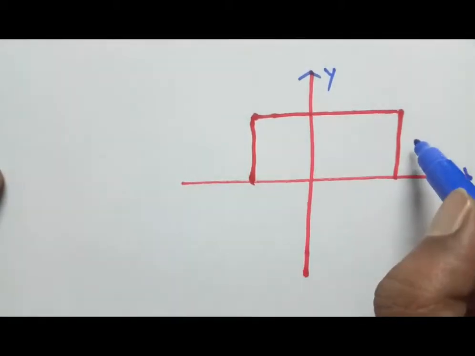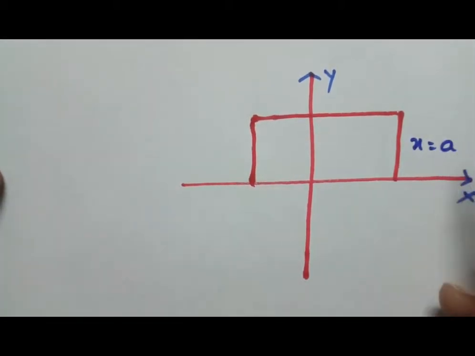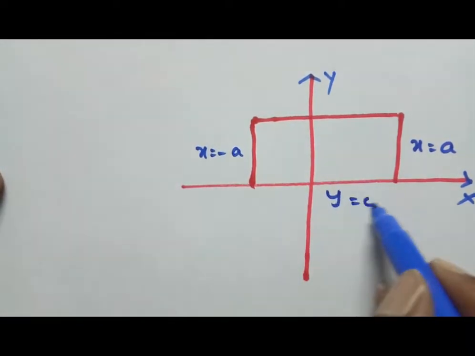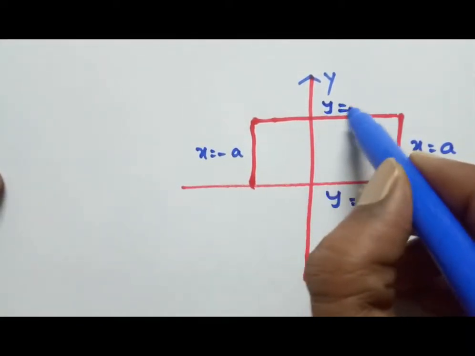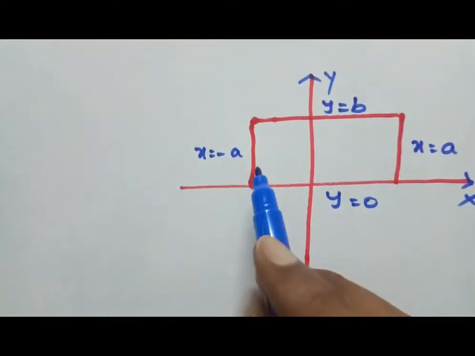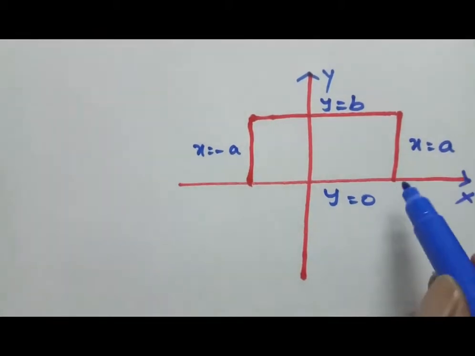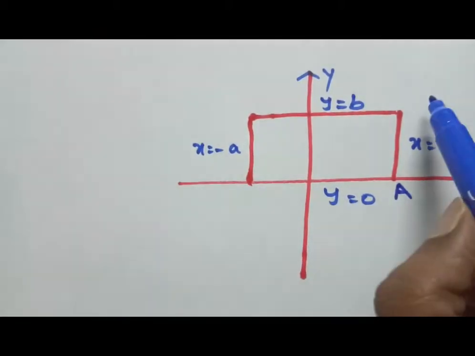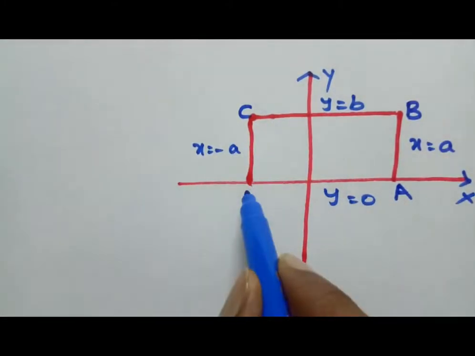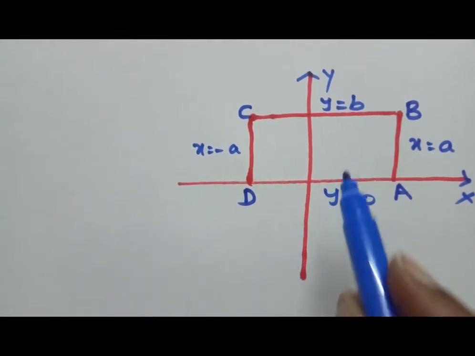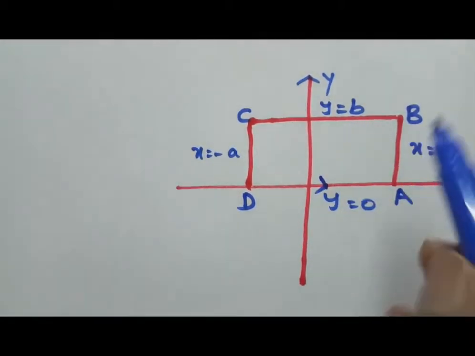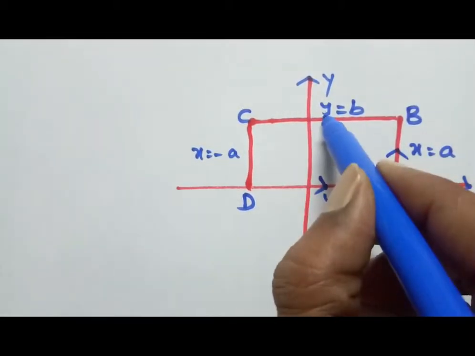Say this is x is equal to a. This is x is equal to minus a. This is y equal to 0. This is y is equal to b. Therefore, say this is A, B, C, D. Therefore, direction of the integration is anti-clockwise direction.